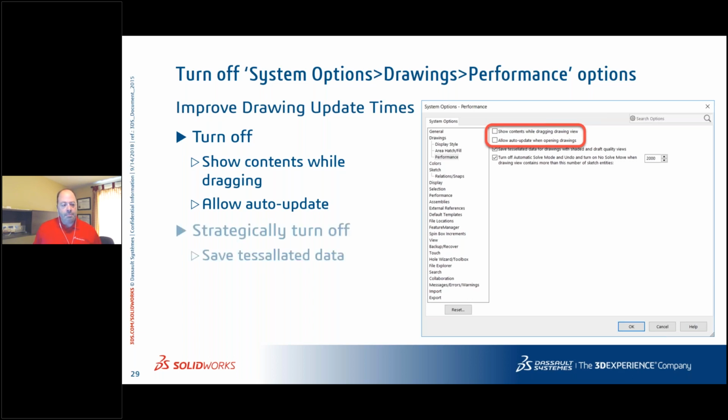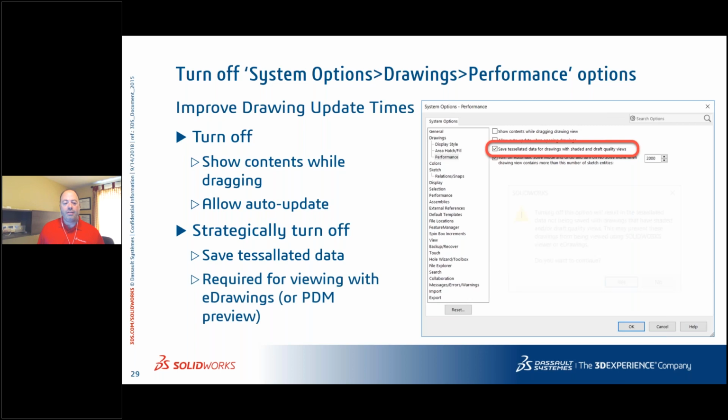There's another setting right below, and I mentioned this one to strategically turn off. You don't necessarily want to turn it off. It might make sense in some cases, and in others it won't. It is to turn off the tessellated data. So why do I say strategically?